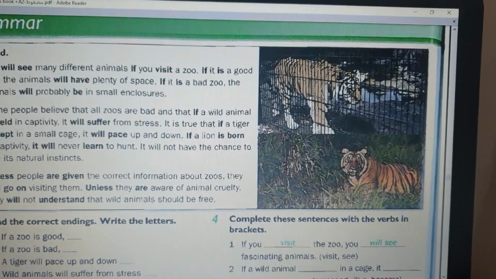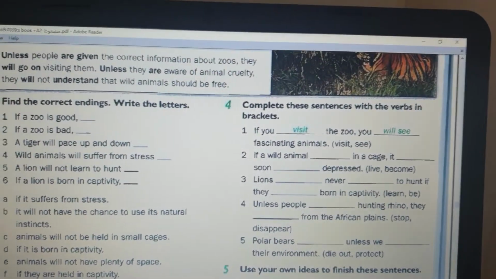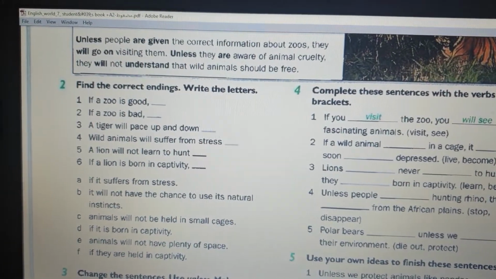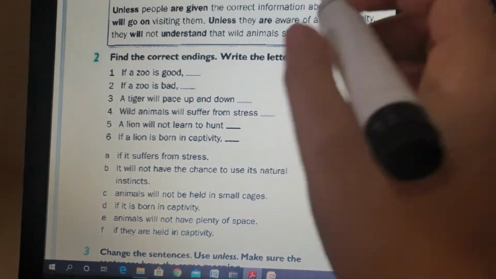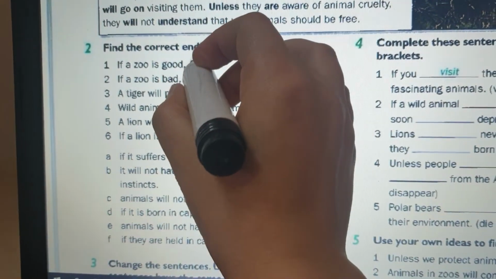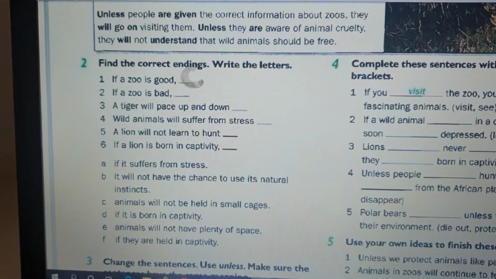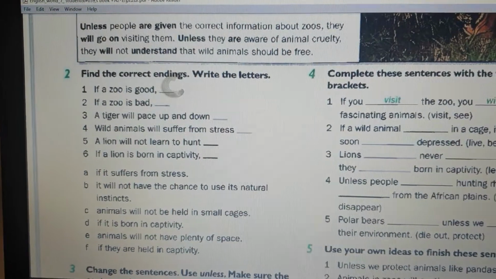Let's find the correct ending and write the letters. Number 1, if a zoo is good, goes with letter C. Animals will not be held in small cages.